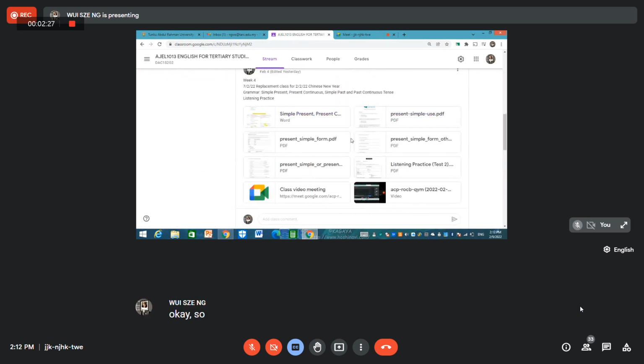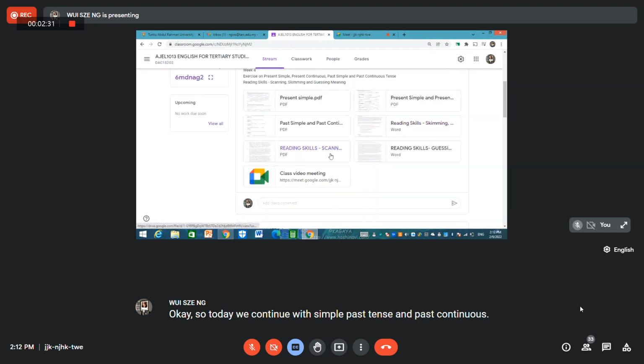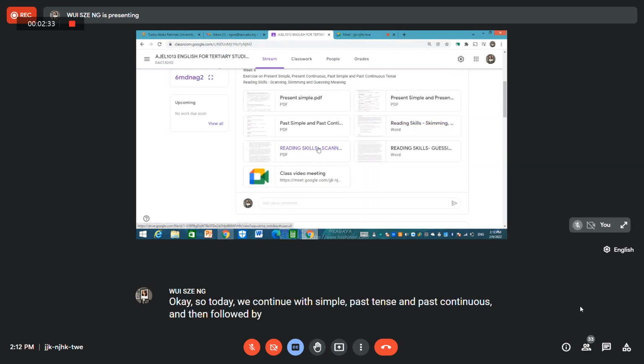Okay, so today we continue with simple past tense and past continuous, and then followed by reading skills: scanning, skimming, and guessing meaning.